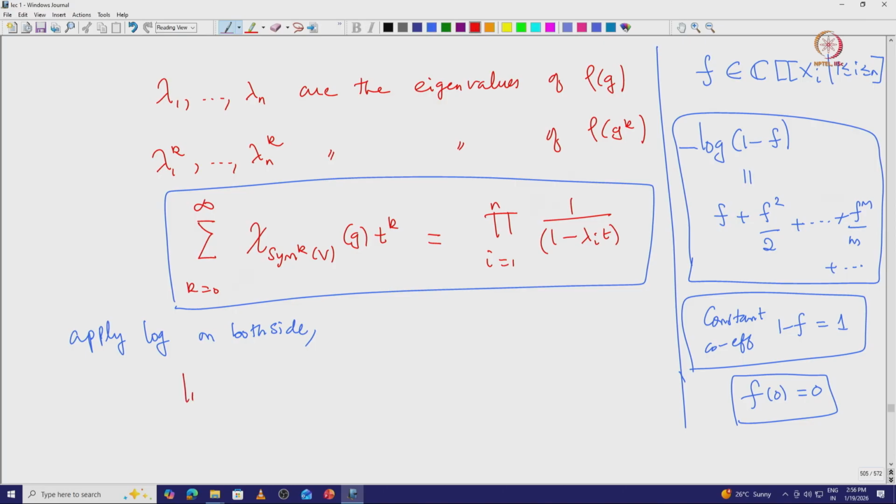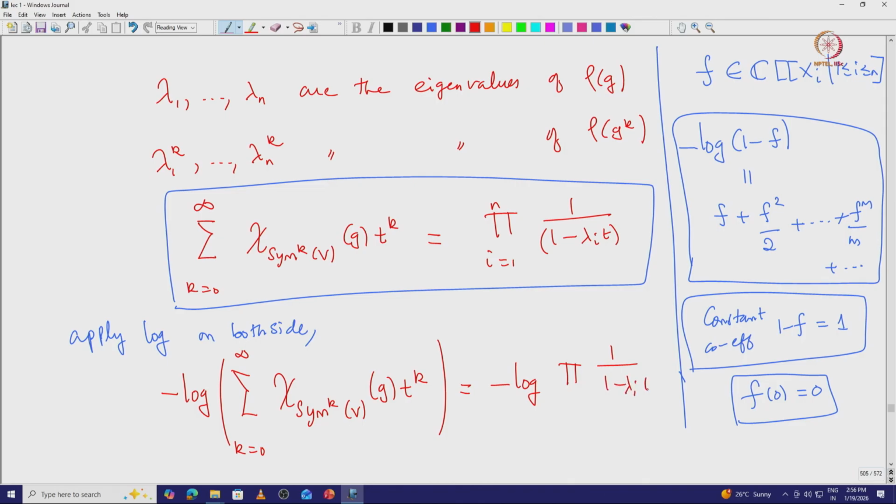So, we get minus log of the summation of chi Sym k of V of g t power k, k ranging from 0 to infinity, equal to minus log of this product of 1 divided by 1 minus lambda i t, i ranging from 1 to n. So, maybe let us take the plus log, because this will give us the minus already.